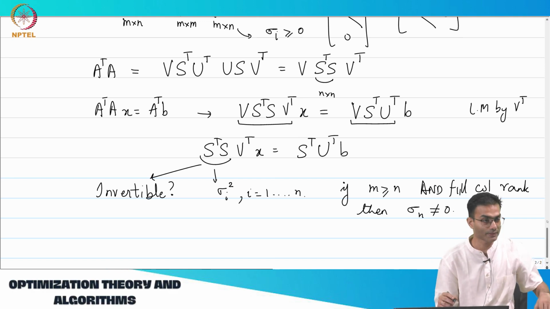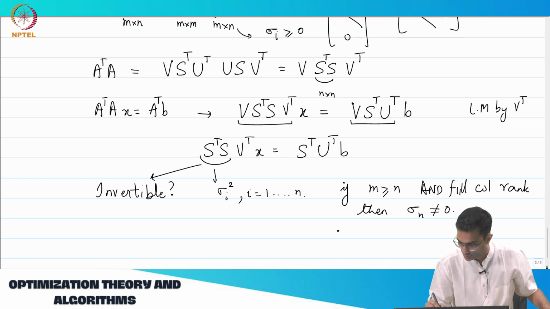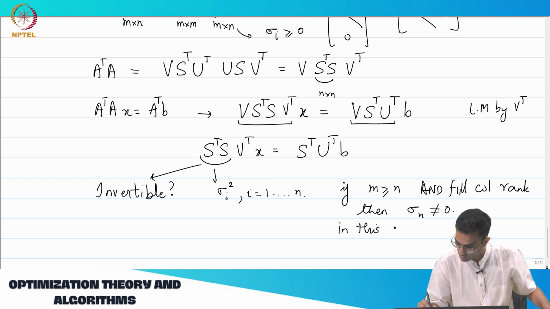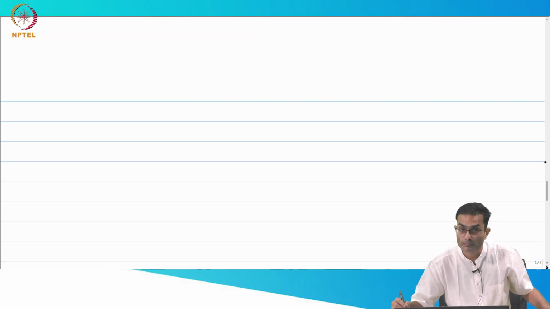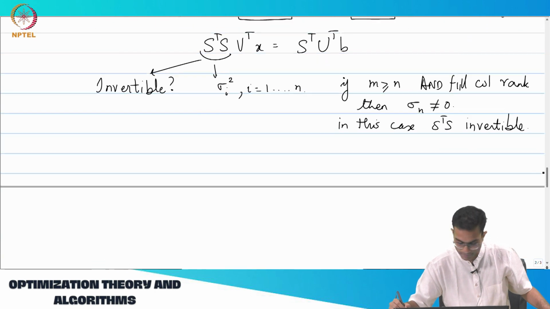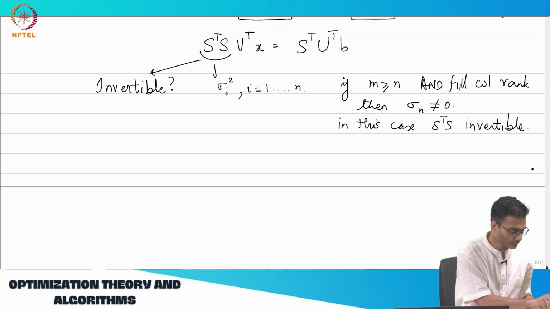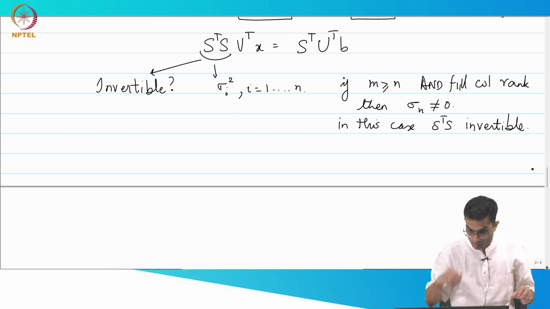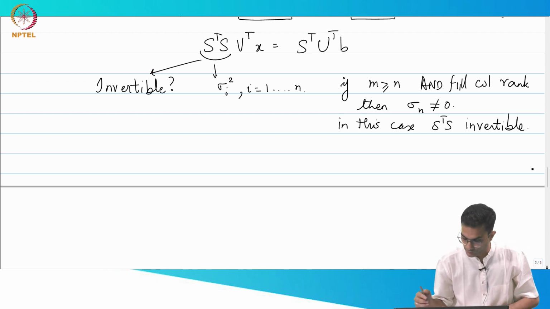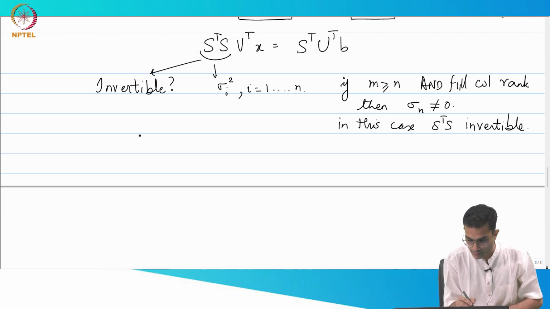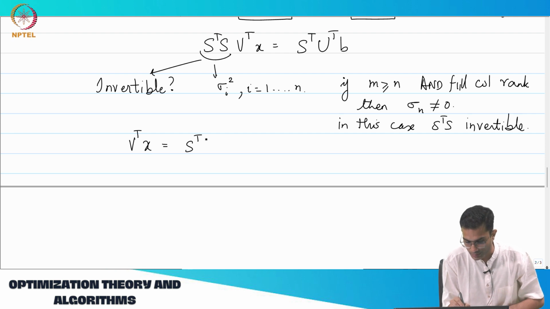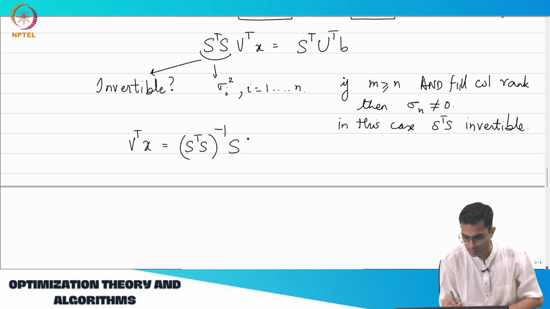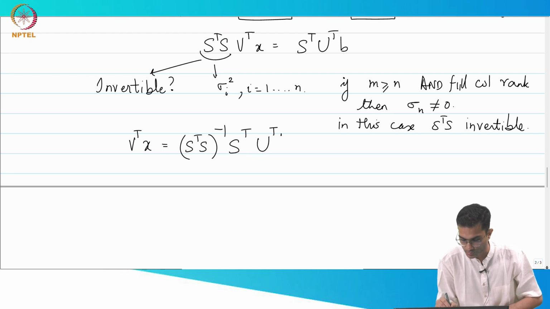In that case, this guy is invertible. Okay, so let's flip this around. I'm going to get V transpose X is equal to S transpose S inverse S transpose U transpose B.